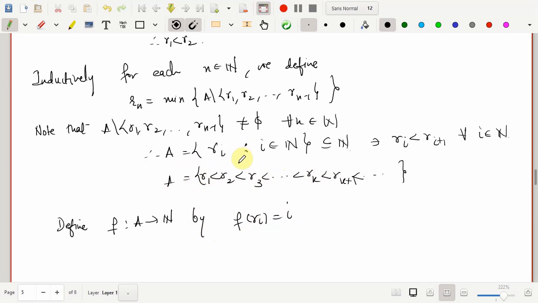All these elements are distinct, and since each element is distinct, it will be mapped to a distinct element in N. And it is an onto map: for any natural number j in N, I can find Rj in A such that f of Rj is equal to j. So f is a bijection, and once it is a bijection, A is countably infinite.